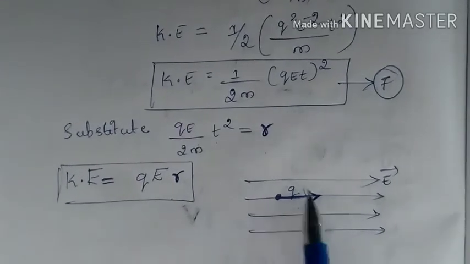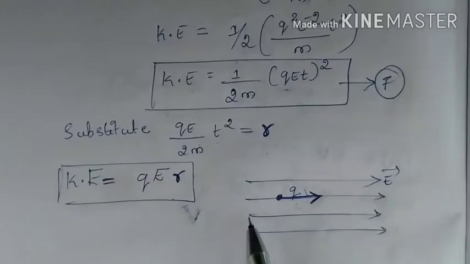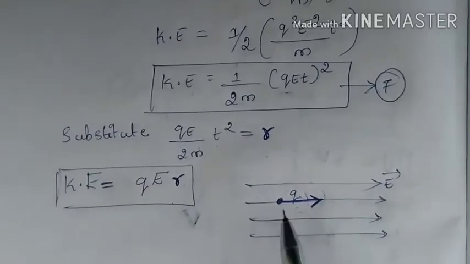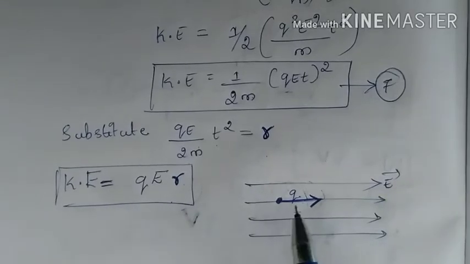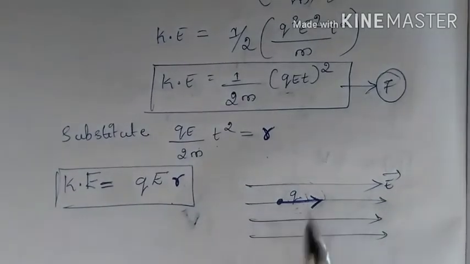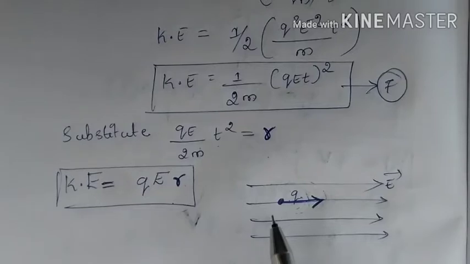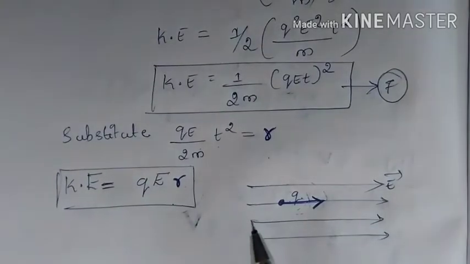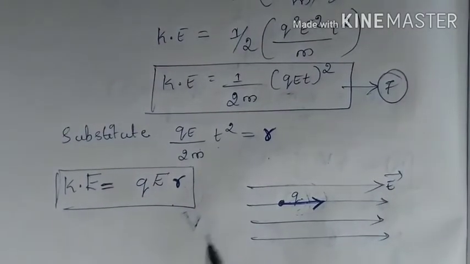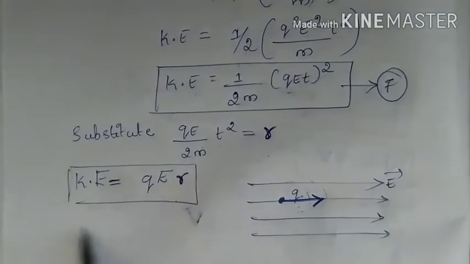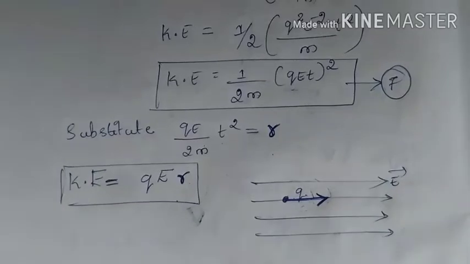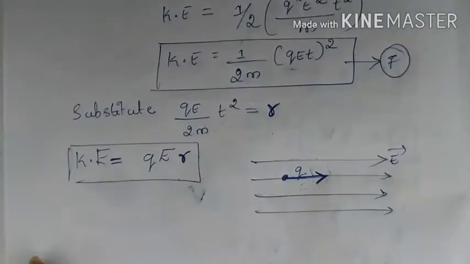So if this charge is kept in an electric field, it will get accelerated. That means the energy of the charge increases and this charge moves faster in comparison to when it is not kept in the electric field. So this is the expression for the energy acquired by the charge moving in the electric field.